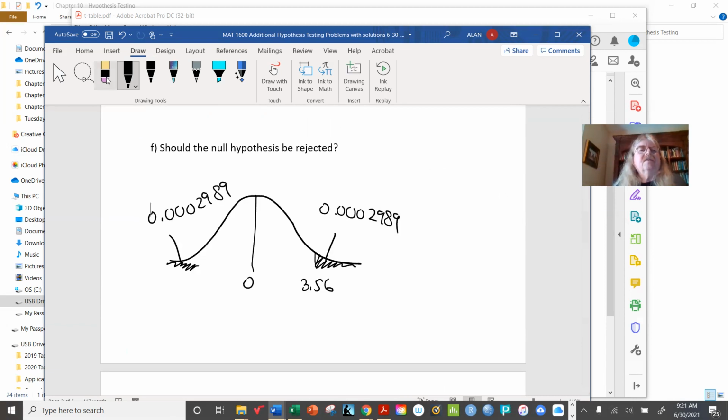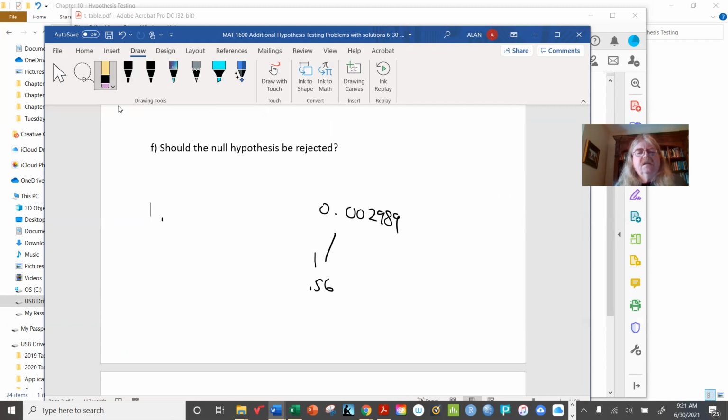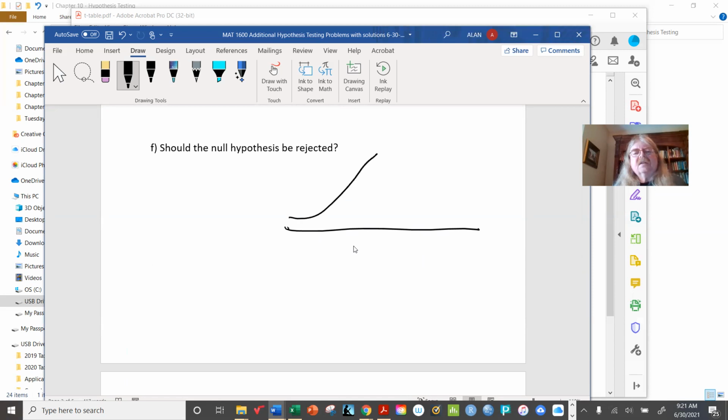So actually, maybe I'll just start this all over again. There's two reasons why you can conclude that we should reject the null. Number one, using the traditional approach of test statistic and critical value. The test statistic was actually negative 3.56. The critical values were plus and minus 1.987.